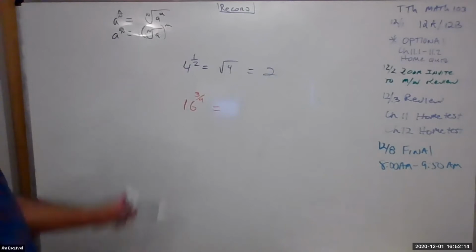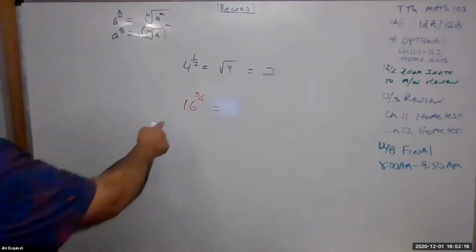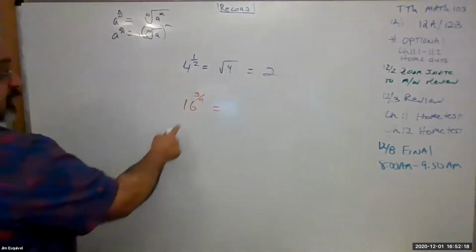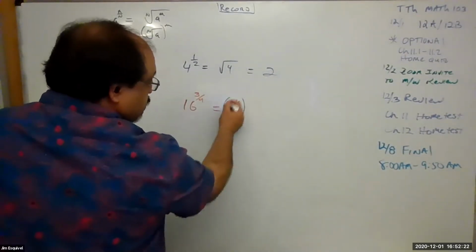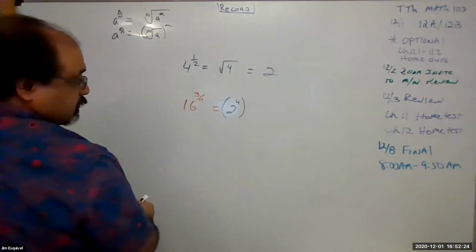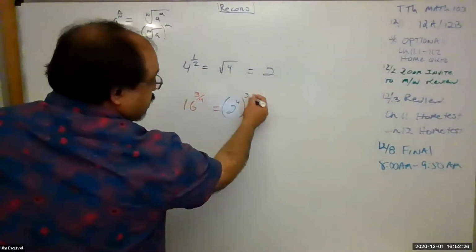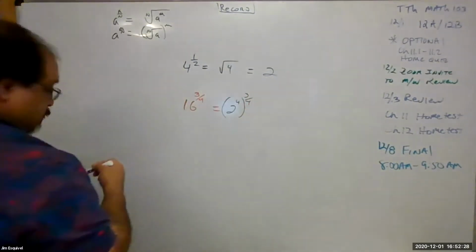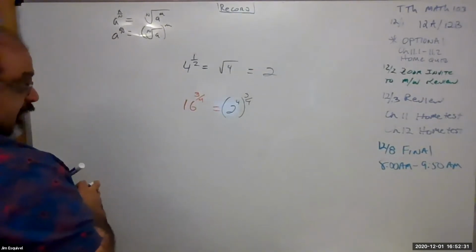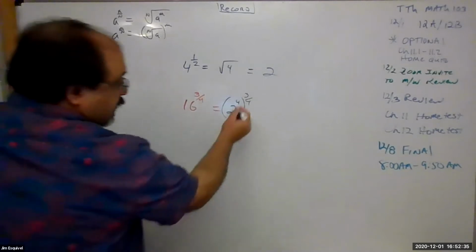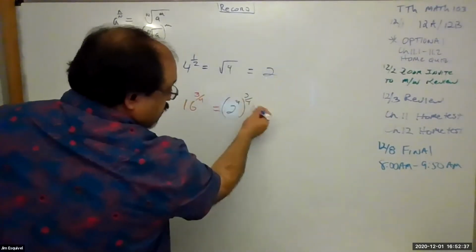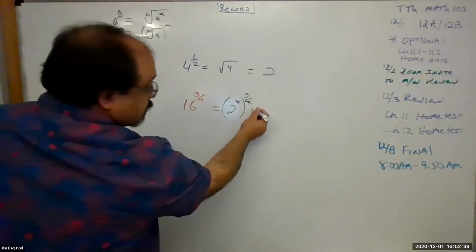Now, I saw this, the 16 to the 3/4, become 2 to the 4th to the 3/4, which is absolutely true. And then 4 times 3/4, the 4 is reduced.